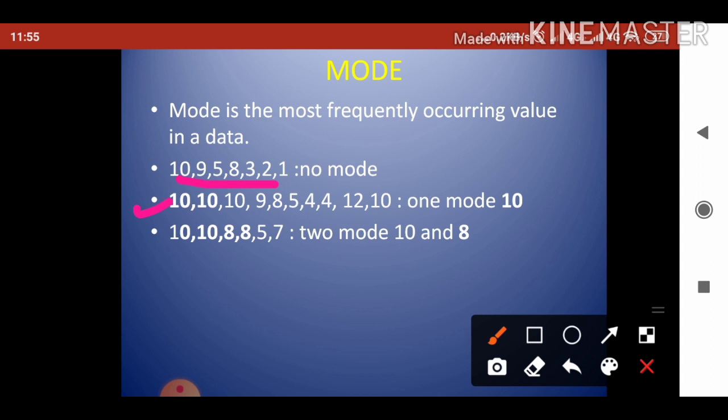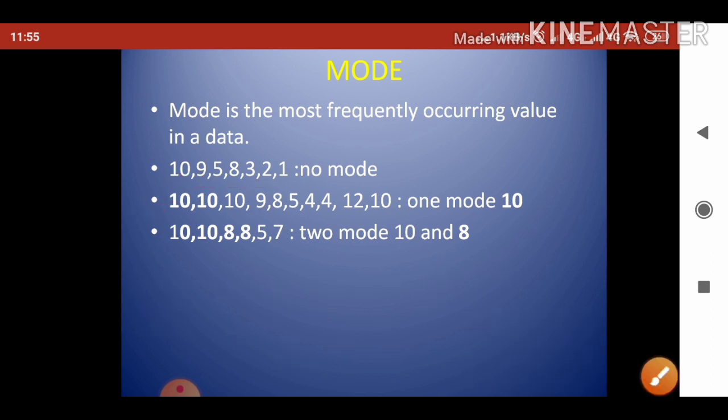Here, 10 is appearing 4 times, 9 is appearing 1 time, 8 is appearing 1 time, 5 is appearing 1 time, 4 is appearing 2 times, 12 is appearing 1 time. So, the maximum number of appearances is for 10. So, you can say 10 is the mode here.